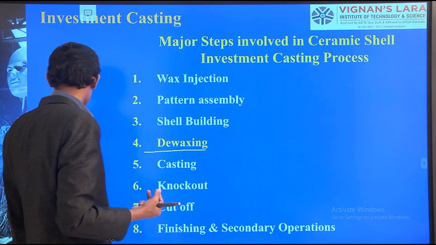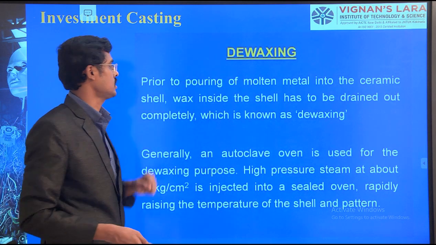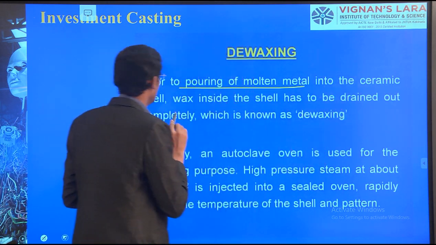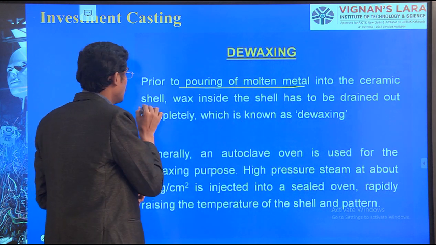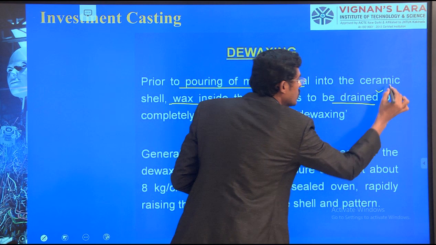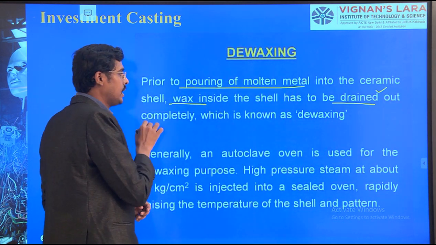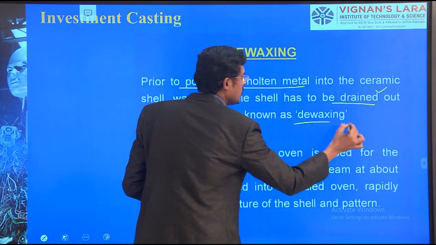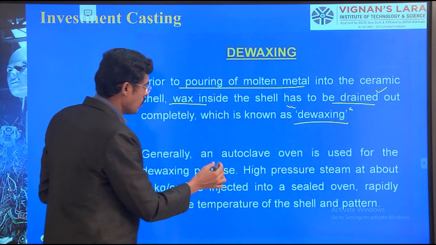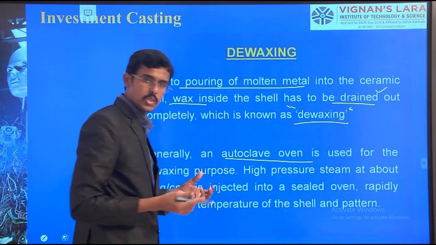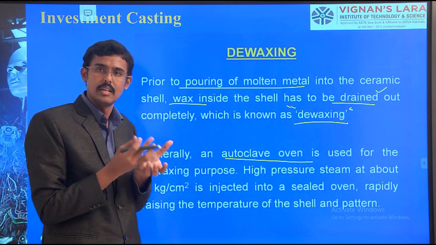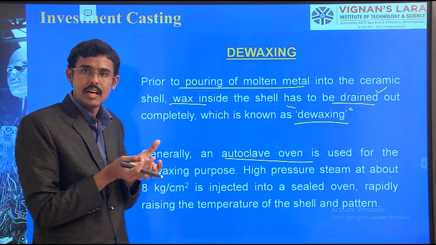Simple. Dewaxing process. Prior to pouring the molten material into the ceramic, the wax inside the shell has to be drained out completely, which is known as the dewaxing process that we are doing. We use an oven for heating this assembled tree, the assembled shell mold.